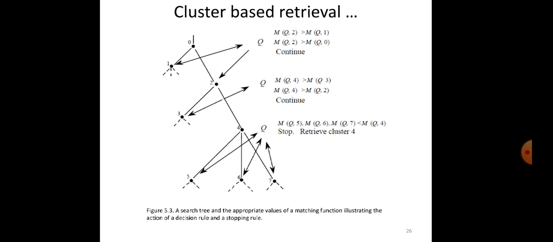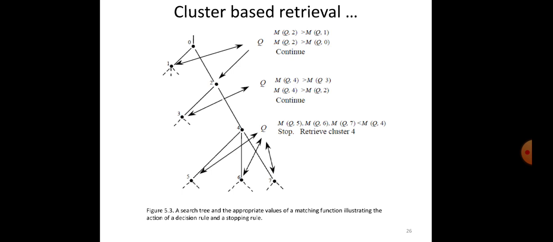If MQ2, the matching function of the query with cluster 2, is greater than MQ1, the matching function of the query with cluster 1, and MQ2 is greater than MQ0. So first we calculate MQ0, MQ1, MQ2. If this condition is satisfied, only then will we continue our search.